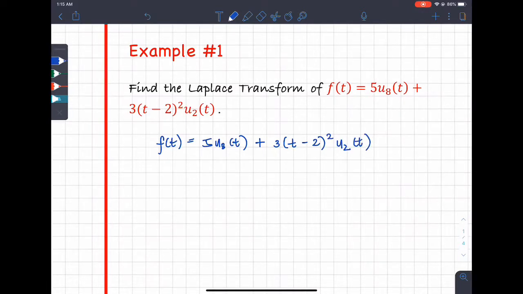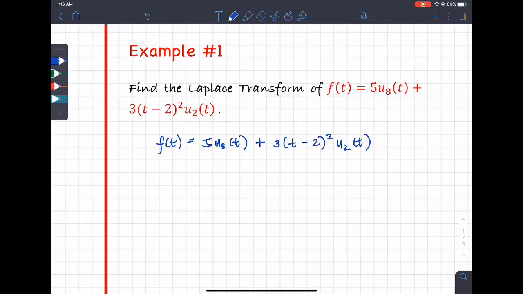From here, our unit step is shifted to 8, and it's just multiplied to a constant, so that is properly shifted. However, we have plus 3 (t minus 2) squared. This one has a unit step again, shifted to 2, and our function has a t minus 2, which is shifted to 2 as well.